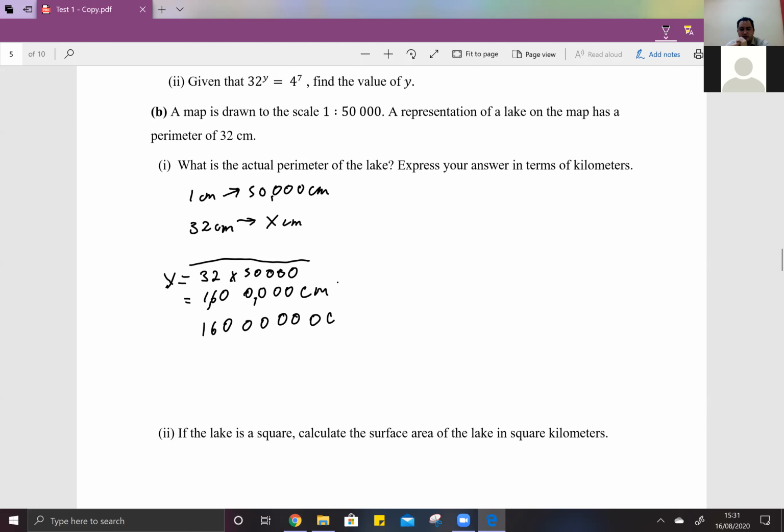Can you change the centimeters into kilometers? 100 centimeters is 1 meter, right? 1,000 meters is 1 kilometer. So we need to divide this by 100,000. 1 kilometer equals 100,000 centimeters, right? So you should divide this by 100,000. So that is equal to 16 kilometers.